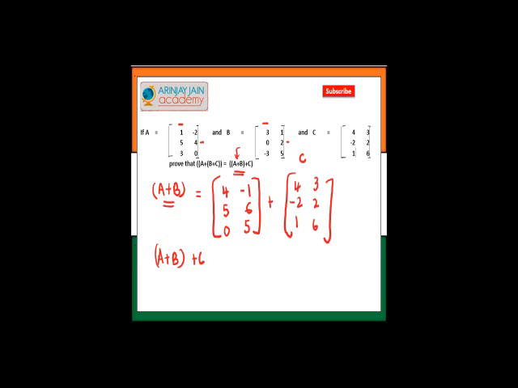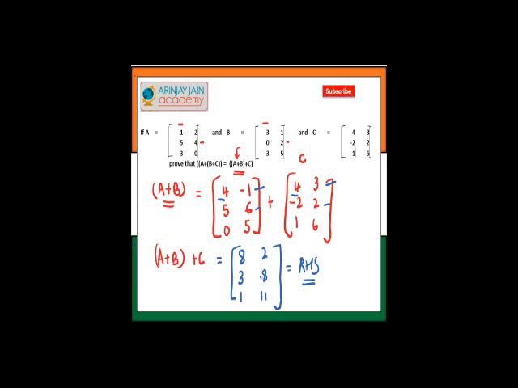So I have 4 and 4, 8, 5 and minus 2, 3, 0 plus 1, 1. Minus 1 and 3 gives me 2, 6 plus 2 gives me 8, 5 and 6 gives me 11. So the value of the right hand side is 8, 3, 1, 2, 8, 11.